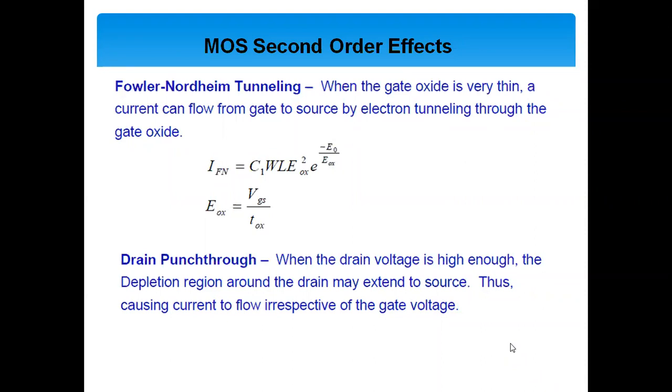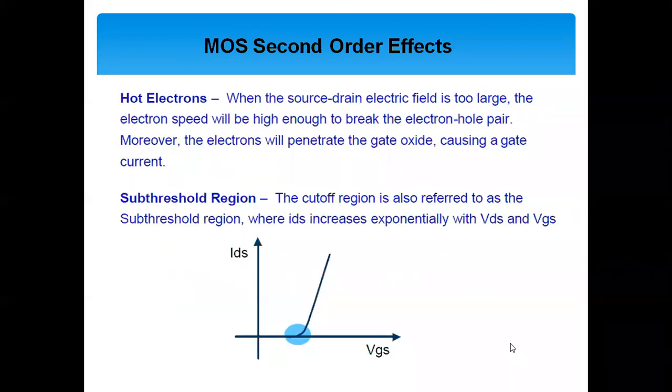Then the next one is drain punch through. What happens in drain punch through? When the drain voltage is high enough, the depletion region around the drain may extend to the source. This causes current to flow irrespective of the gate voltage, and this effect is called drain punch through. The next one is the hot electron effect.